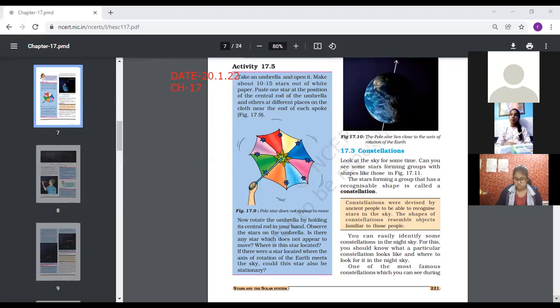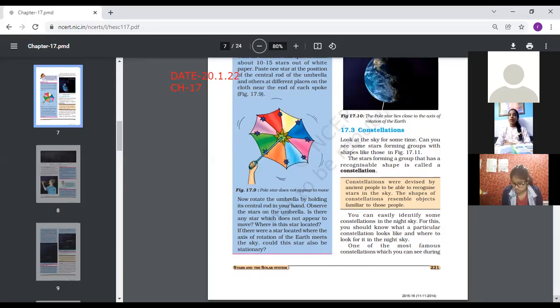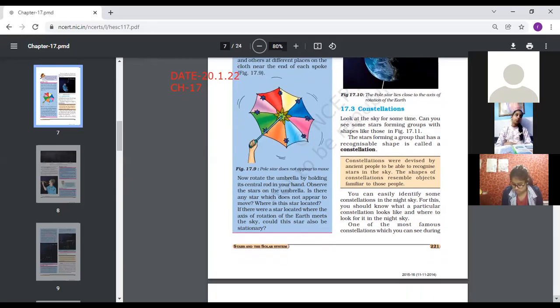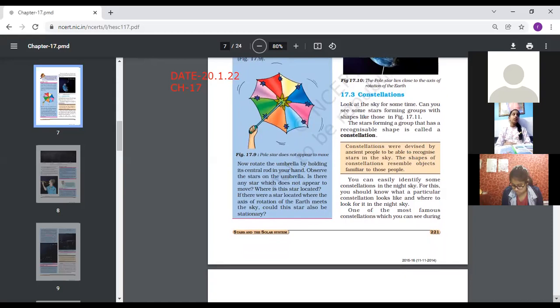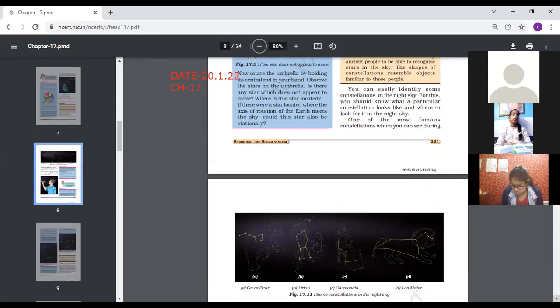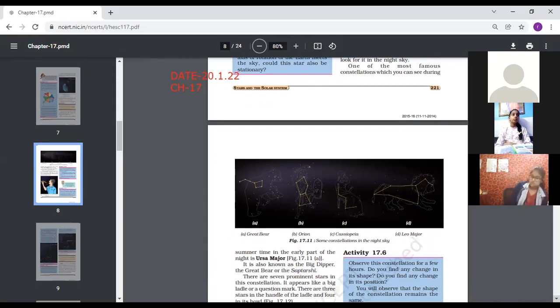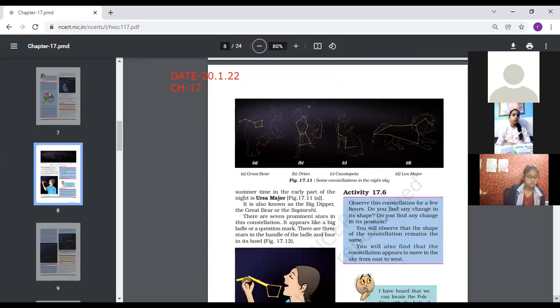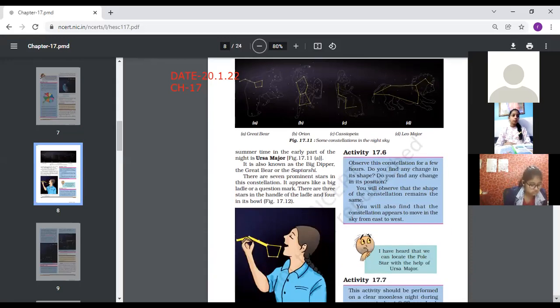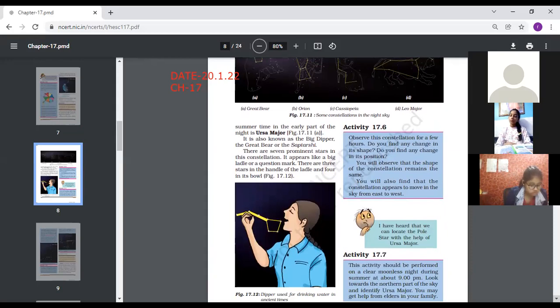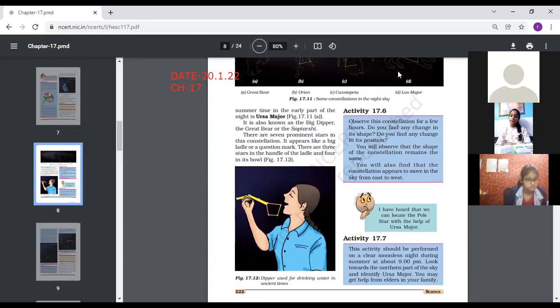You can easily identify some constellations in the night sky. For this, you should know what a particular constellation looks like and where to look for it in the night sky. One of the most famous constellations which you can see during summertime in the early part of the night is Ursa Major. It is known as the Big Dipper, the Great Bear, or the Saptarishi.